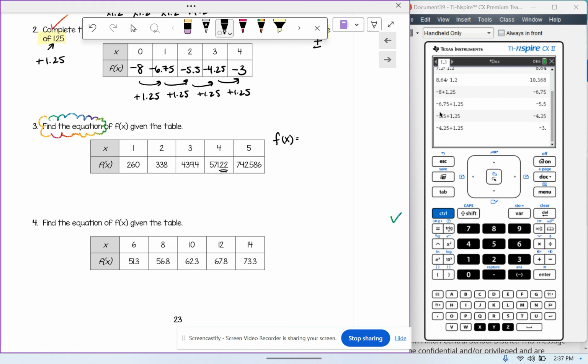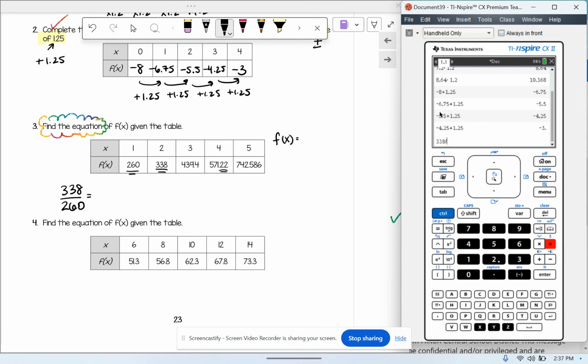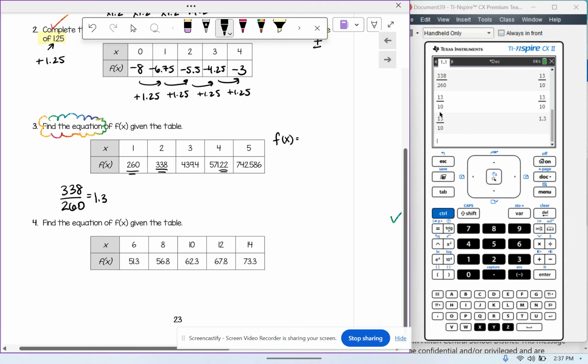So in order to test and see what that multiplier is, I take the second over the first, and I'm going to see what that ends up being. 13 over 10. I don't want to write that 5 times on my table, so I'm going to change that to a decimal. And it's 1.3. So my multiplier is 1.3.